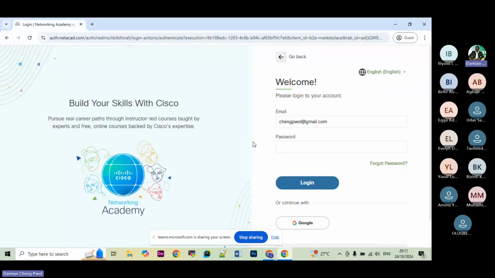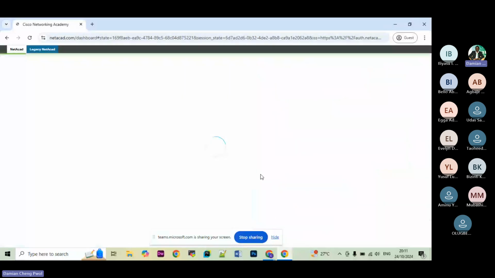It takes you to this area where it presents another place for you to enter your password. So go ahead and enter your password, and click the login button.